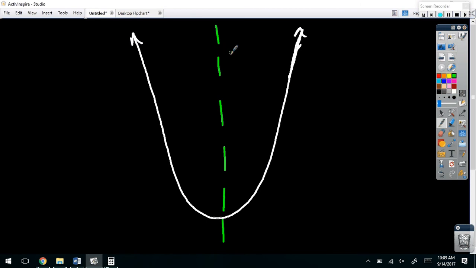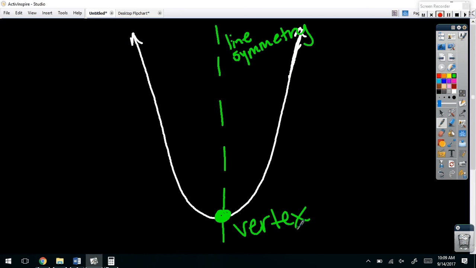No, it's called a line of symmetry that goes through, but you are right, because the line of symmetry also goes through what we call the vertex of the parabola. I put line of symmetry here.